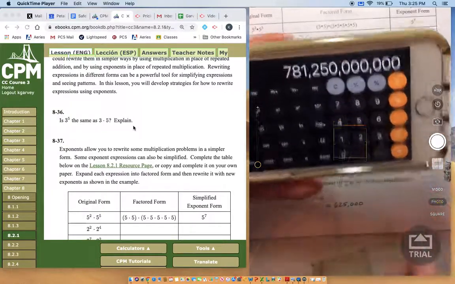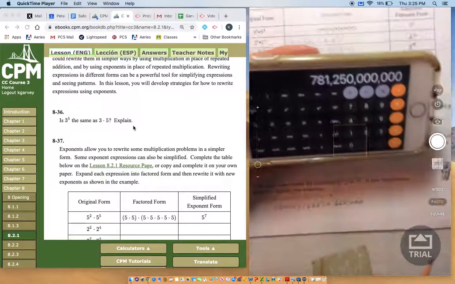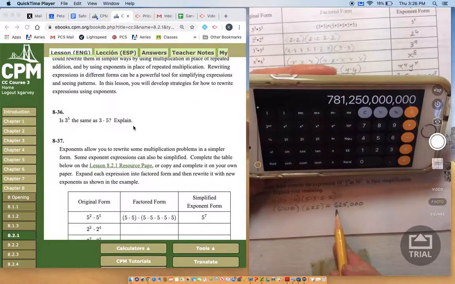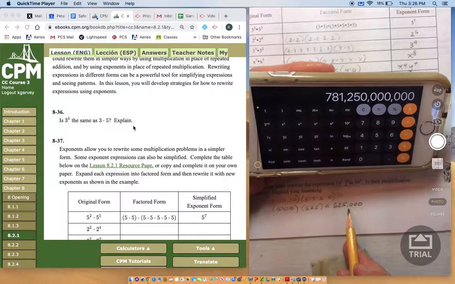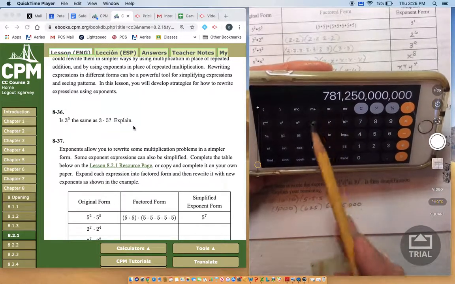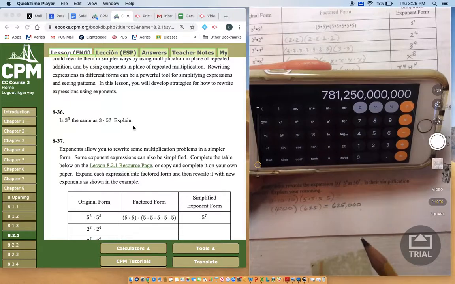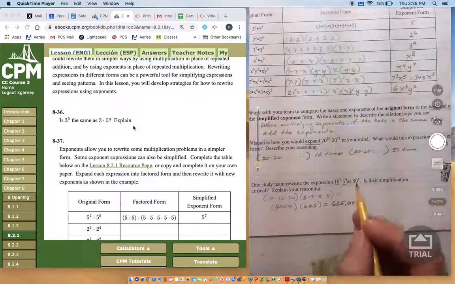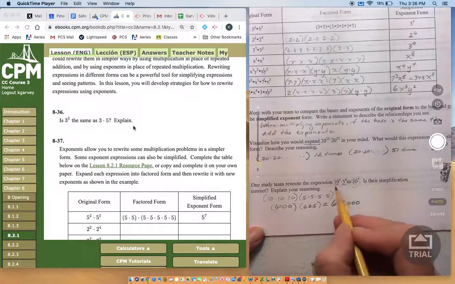That's equal to, wow, that is a much bigger number. That is so much bigger than 625,000. That is into the billions. So these two numbers are not the same thing.